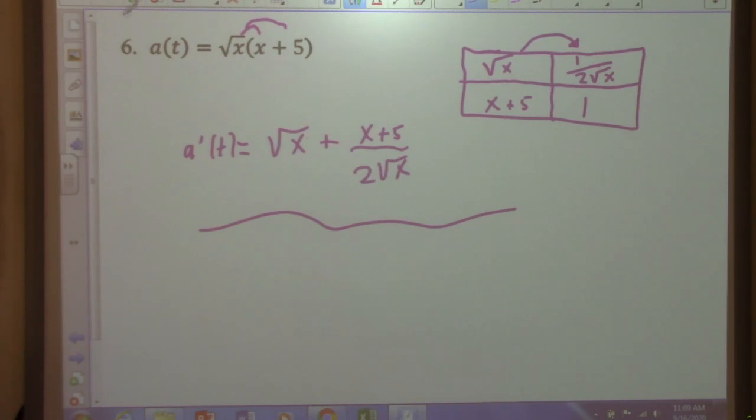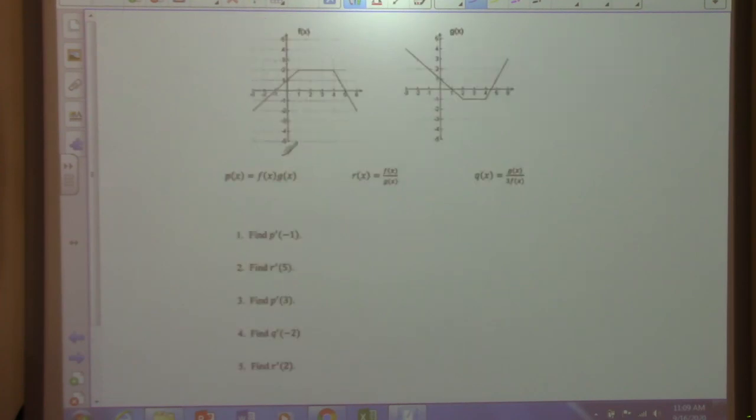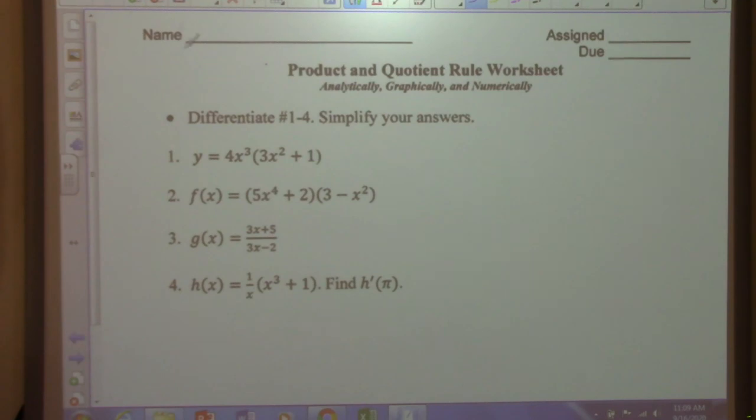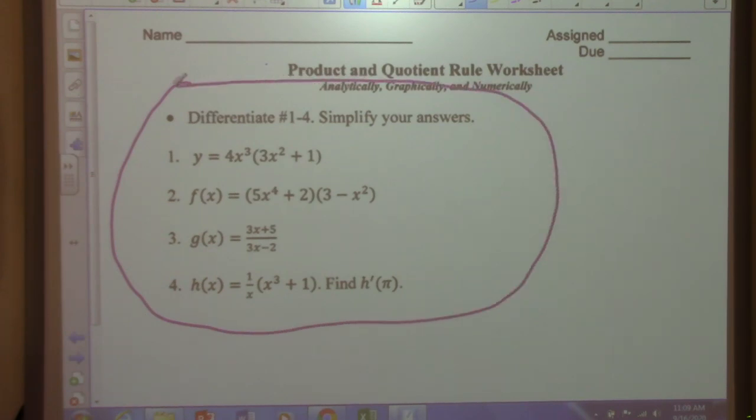I want to point ahead. I want you to work on another assignment tonight. We're going to do this one tomorrow. But I want you to do these ones. You see where it says product or quotient rule worksheet? Differentiate. There are more problems than 1 through 4, but I want you to do these 4 for the beginning tomorrow.